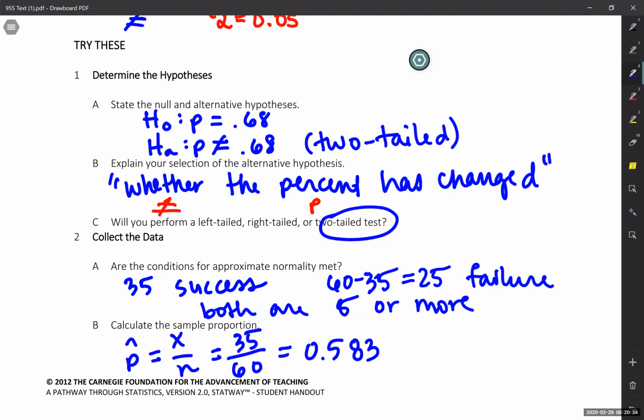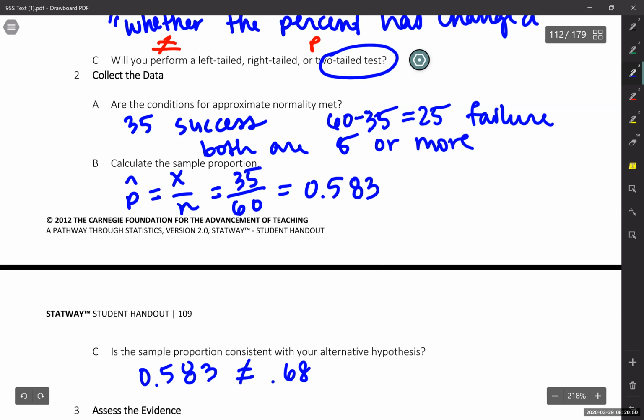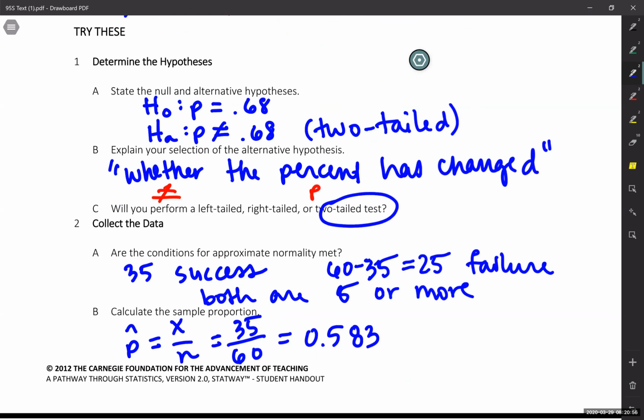And so there is my p hat. Is it consistent with our alternative? 0.583 is definitely different or not equal to 0.68. So yes, because our alternative hypothesis said whatever proportion we get would be not equal to 0.68.